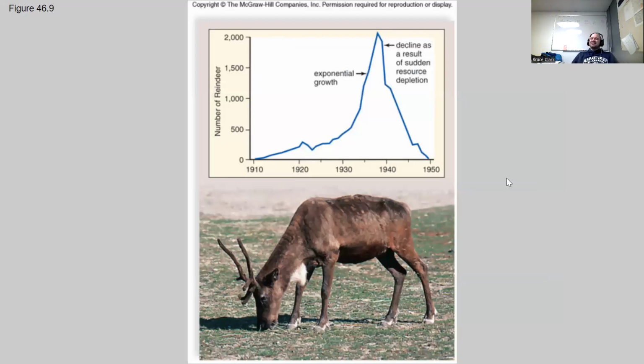Sometimes the ceiling isn't met neatly. All right. Sometimes with carrying capacities, they don't kick in fast enough, and populations can actually grow well past the carrying capacity and then come plummeting back down. Here's a look at, I can't remember the island's name, but there is a population of reindeer that got onto the island.